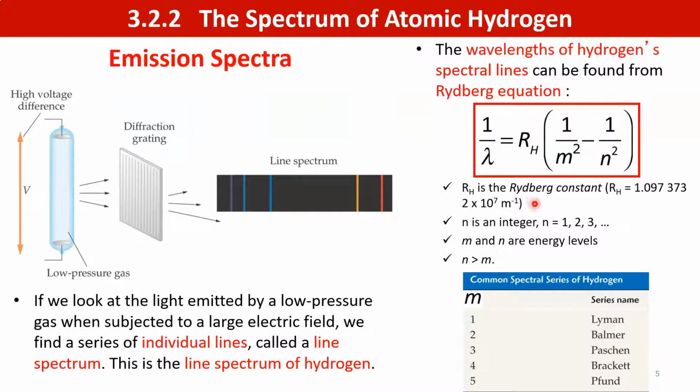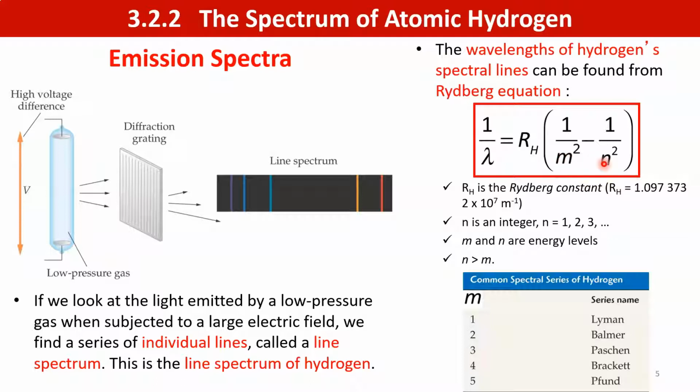Referring to this equation, n must always be greater than m. Both are energy levels, or orbits. For the Balmer series, m must always equal 2, and n must always be greater than 2.